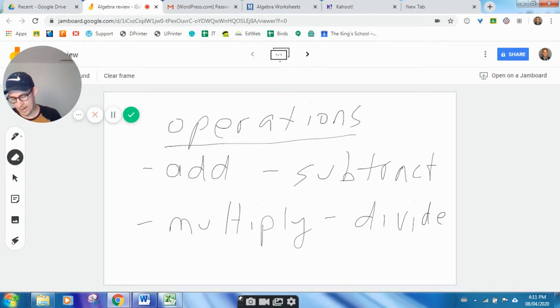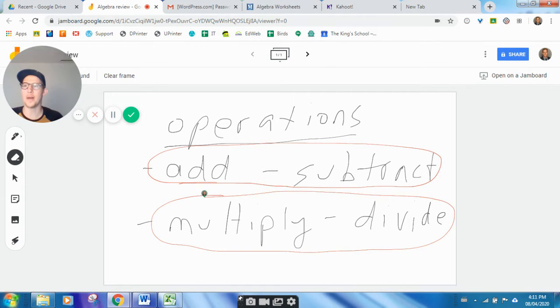So the opposite of adding is subtracting, and the opposite of multiplying is dividing. And it's important that you know that because when you do algebra and when you attempt to isolate a variable, you must do the opposite operation of what is next to the variable in order to isolate the variable.